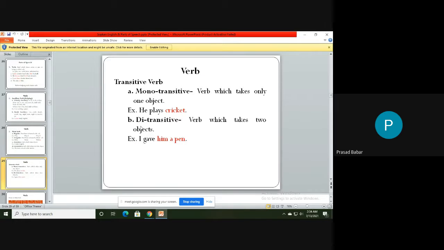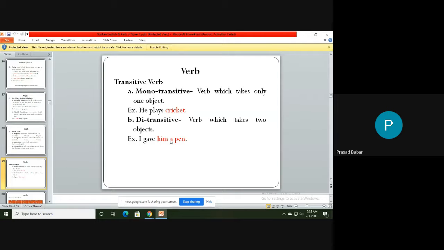The second type is ditransitive verb. The verb which takes two objects, or after which there comes two objects, is called ditransitive verb.